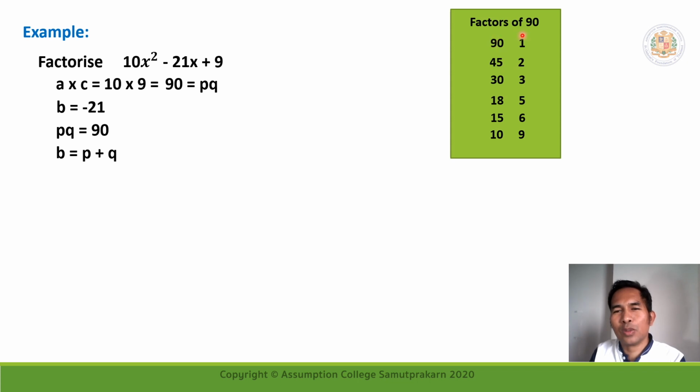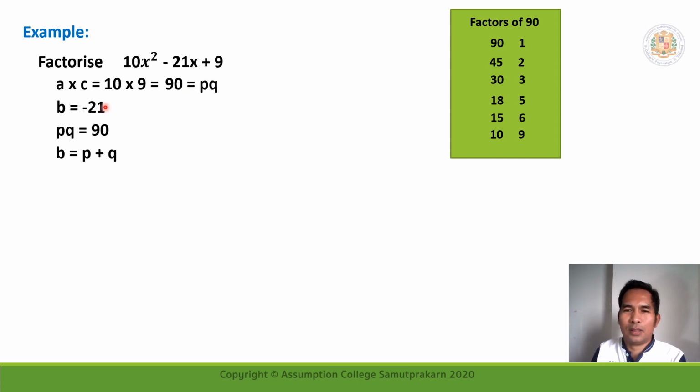Let's try to add these: 91, 47, 33, 23, 21, and 19. This is 21, 15 plus 6 is 21, but we need negative 21.